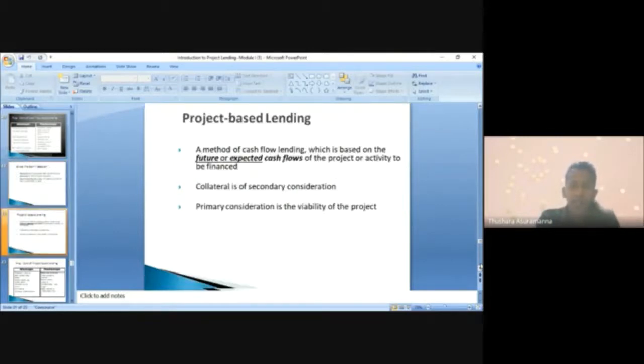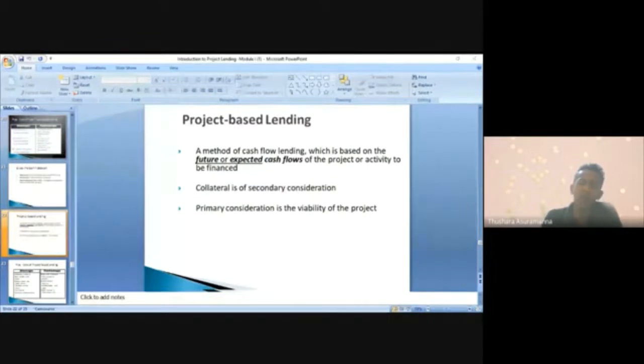Finally, project-based lending. If you remember, we discussed last time about project financing. Project-based lending is similar to project financing, infrastructure financing, capex financing, almost the same idea with a bit of changes, but at large it's a common financing.